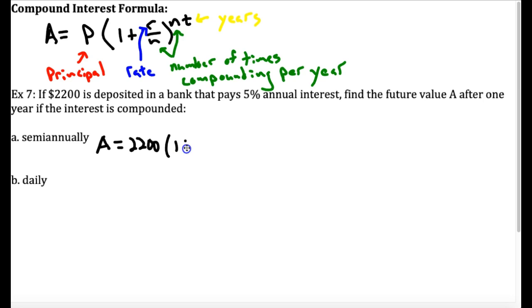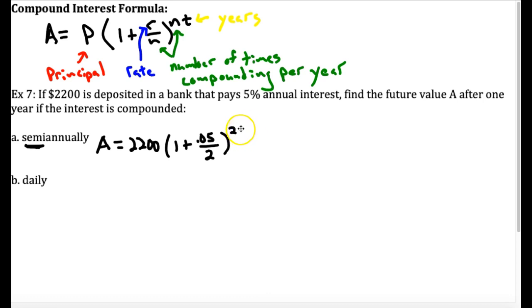Then times 1 plus the rate goes in the numerator here. So 5% as a decimal is 0.05 over n, the number of times compounded per year. Well, we get this, semi-annually. Semi means twice a year, right? So the number of times compounded per year is going to be 2. So that goes in the denominator here, and then that also goes in the exponent here.